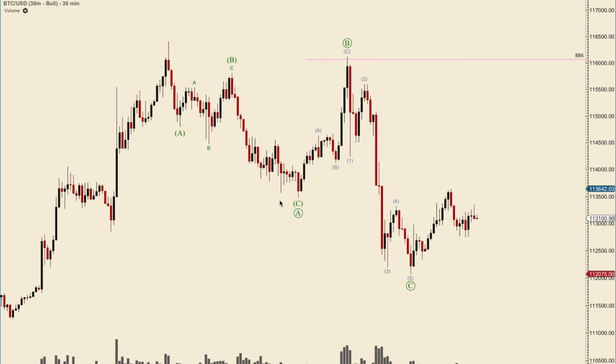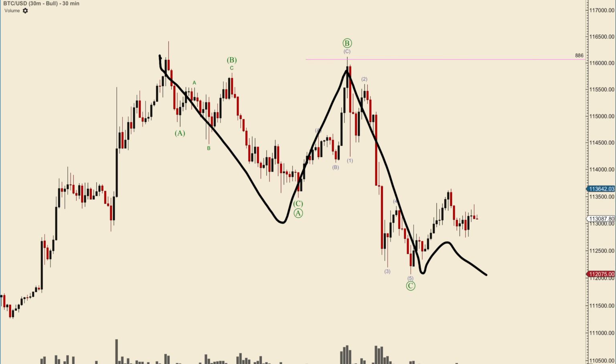So whatever you use, if you use MACD, RSI, whatever you use to get confirmation in your own strategy, be aware that it's a higher probability that sooner or later we will take out this high. It's a much higher probability than to move down deep, since this also counts better as a flat right now.